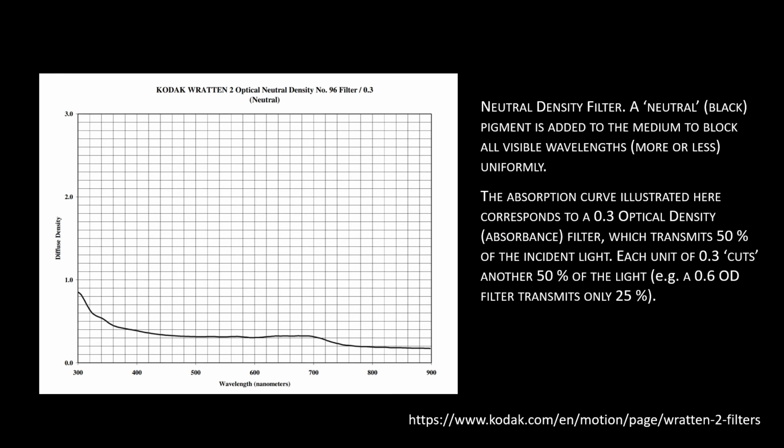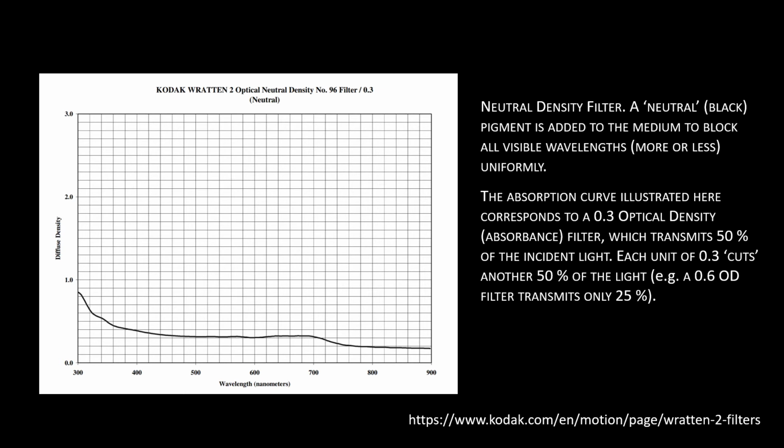I just want to take another look and describe another version of the grayscale, or the transition from white to black, using gray filters. On the left is a transmission or absorption spectrum of what's called a neutral density filter, which is essentially a gelatin or a medium filled with a black pigment and thereby has a universal background absorbing all wavelengths of light.